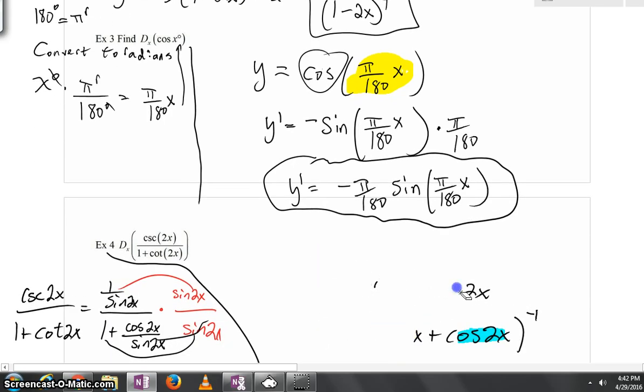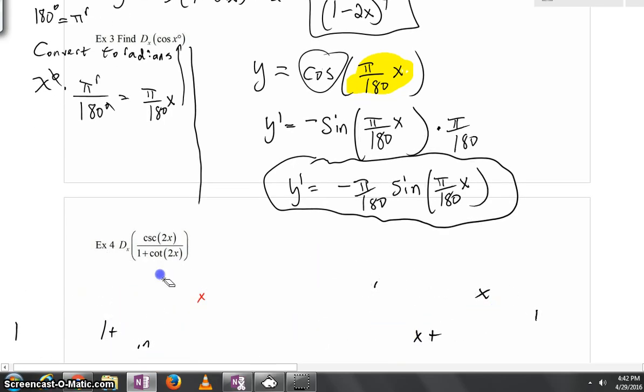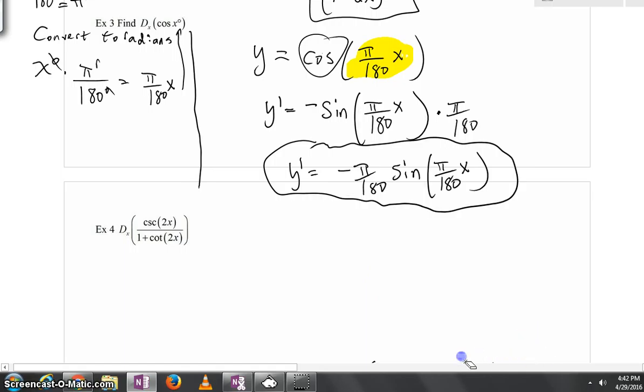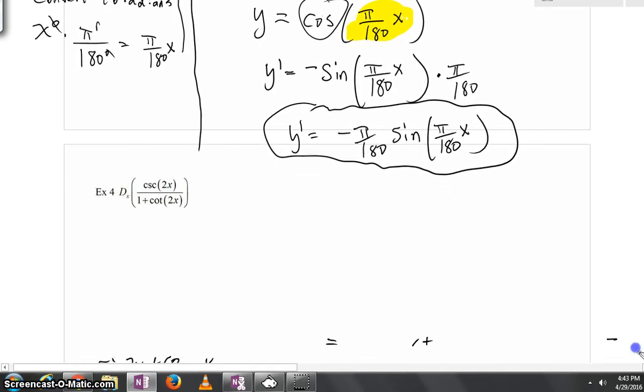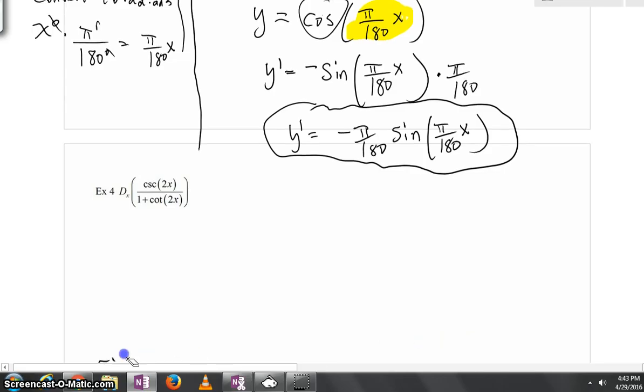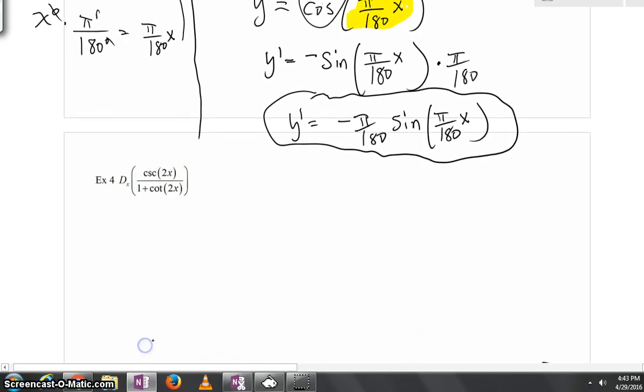Well, let's take a real quick look at number 4. As we're looking at number 4, this problem might seem a little intimidating, and I think the reason why is you can see that it looks like we're going to need to do the chain quotient rule, and it certainly would appear so.